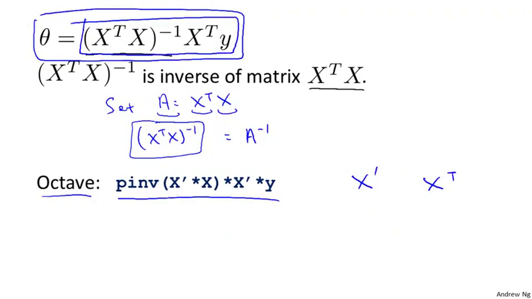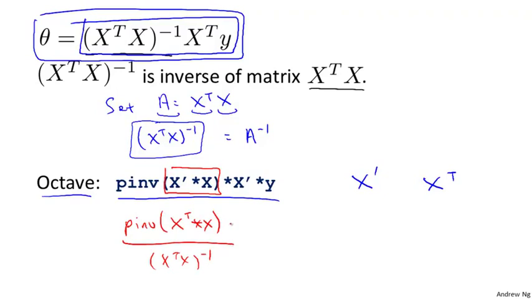And so this expression that's boxed in red, that's computing X transpose times X. pinv is a function for computing the inverse of a matrix, so this computes X transpose X inverse, and then you multiply that by X transpose and you multiply that by Y, so you end up computing that formula, which I didn't prove, but it is possible to show mathematically, even though I'm not going to do so here, that this formula gives you the optimal value of theta, in the sense that if you set theta equal to this, that's the value of theta that minimizes the cost function J of theta for linear regression.